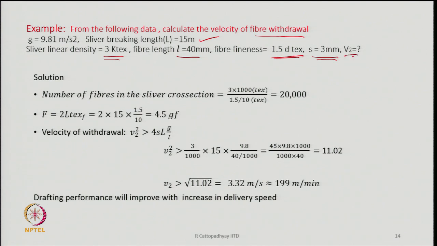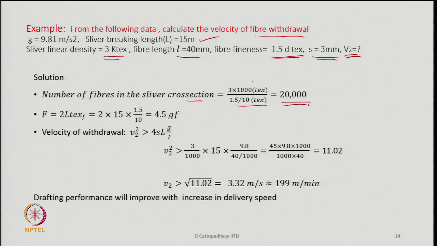So, what is going to be the value of V2? First of all, we calculate the strength of the sliver. The number of fibers in the sliver cross section is sliver tex by fiber tex. This simple formula gives you a figure of 20,000.